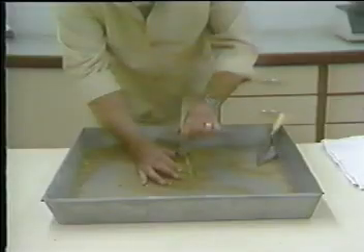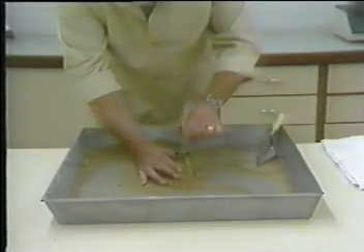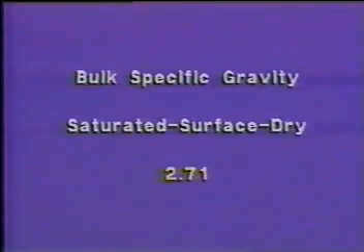The bulk-specific gravity saturated surface dry can be calculated by dividing the weight of the test sample, saturated surface dry, 500 grams, by the weight of the flask filled with water, 677.3 grams, plus the weight of the test sample, saturated surface dry, 500 grams, minus the weight of flask with test sample and water to calibration mark, 992.8 grams. The bulk-specific gravity saturated surface dry of our test sample is 2.71.